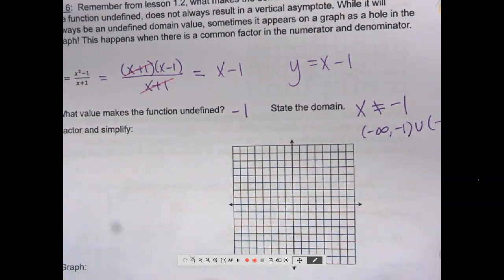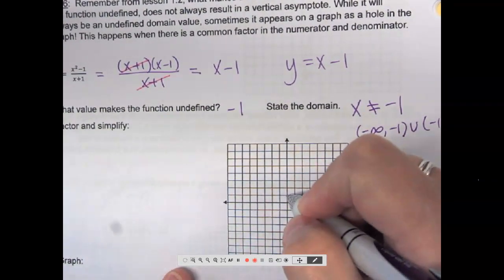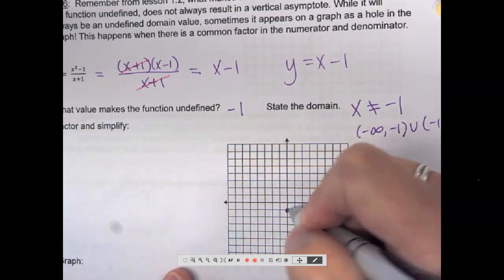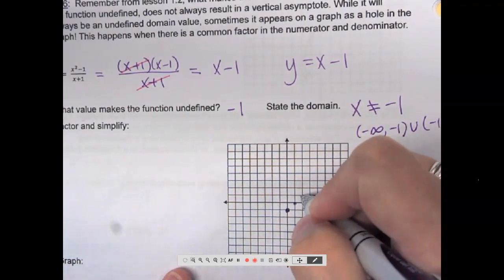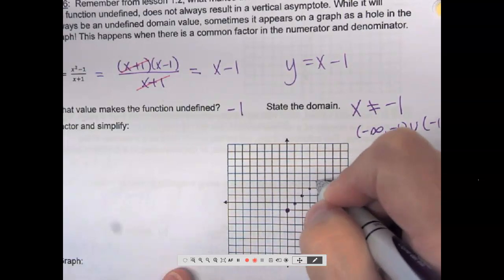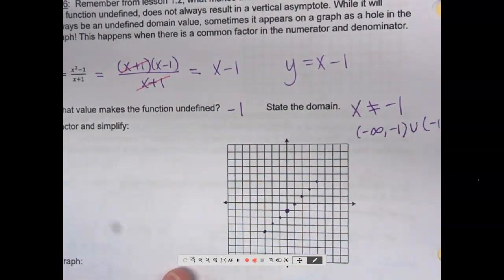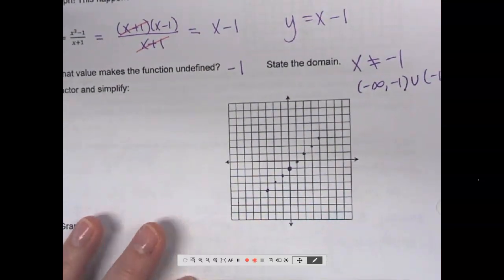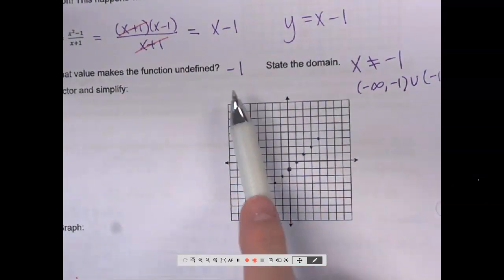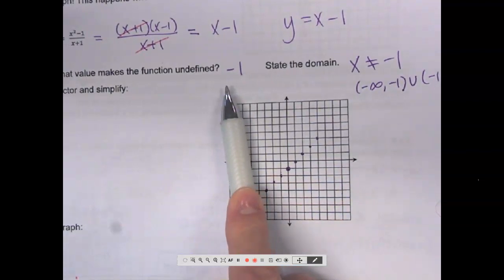All right, so let's graph it. I'm going to go to -1 for my y-intercept, and my slope is 1. Don't connect the dots yet. So that one value that I can't use is at -1.